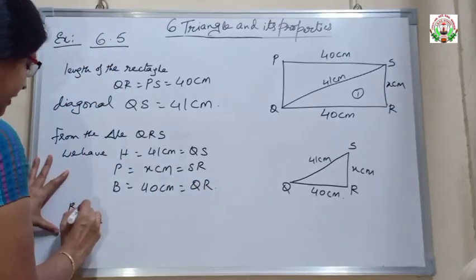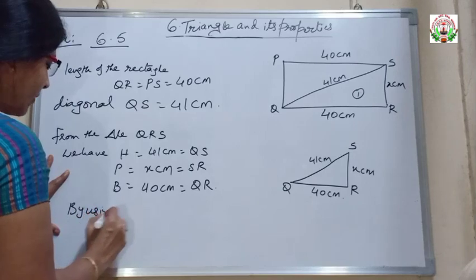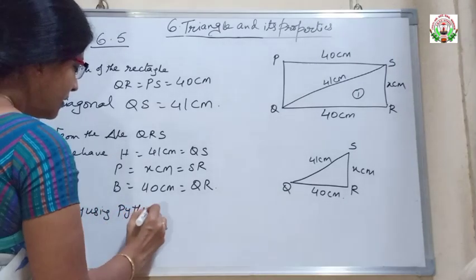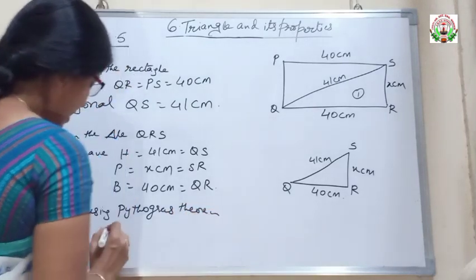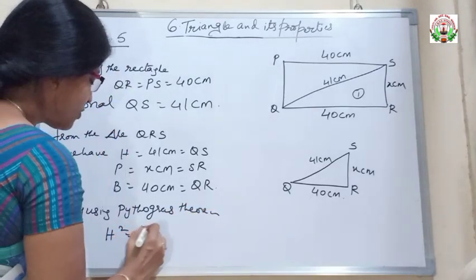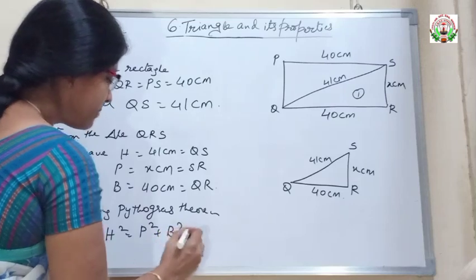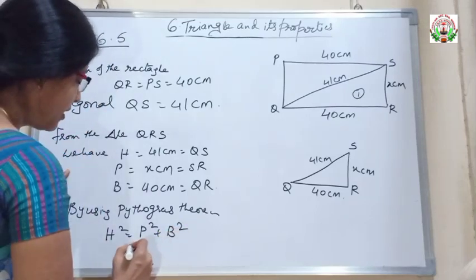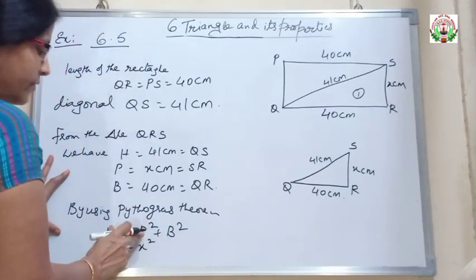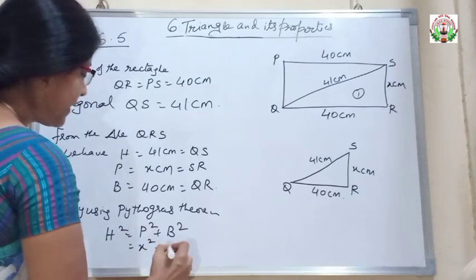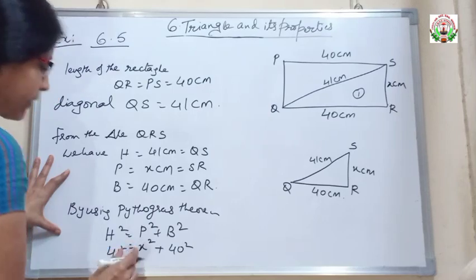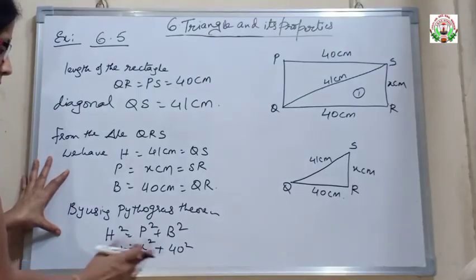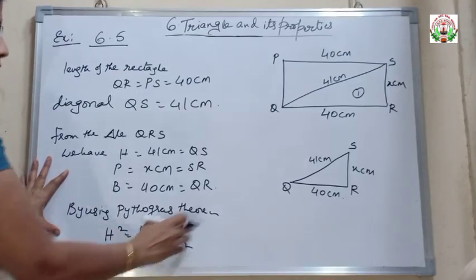So by using Pythagoras theorem, hypotenuse square is equal to perpendicular square plus base square. So perpendicular square is x square, because we have to find it, plus base square is 40 square, and hypotenuse is 41 square. So let us keep this x square, and let us take this base square to this side.